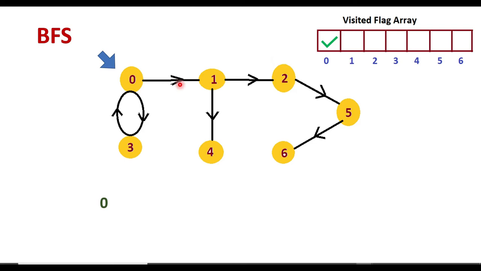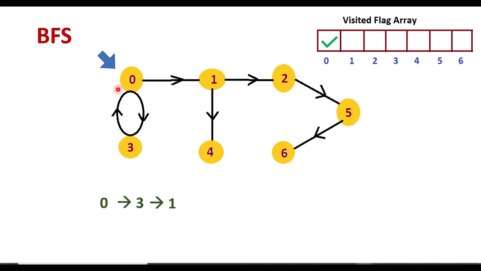Next I have to check who are 0's immediate neighbors, that is 3 and 1, because from 0 to 3 I have a connection and 0 to 1 I have a direct connection. Then I have to traverse 3, then I have to traverse 1. Now I go to 3, the first one, and check where I can go from 3, that is 0 only.